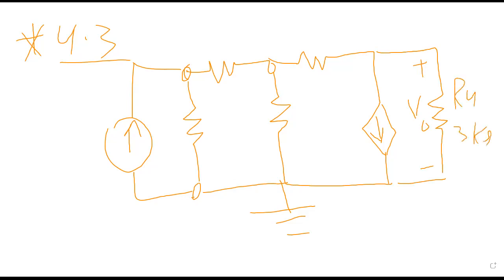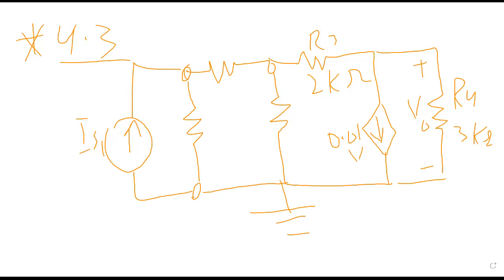R4 is 3 kilo ohm. Now this is my dynamic voltage that is changing at every time, its value equals 0.01. This is my R4, so this is my R3, this is my 2 kilo ohm. From here it is my IS1.